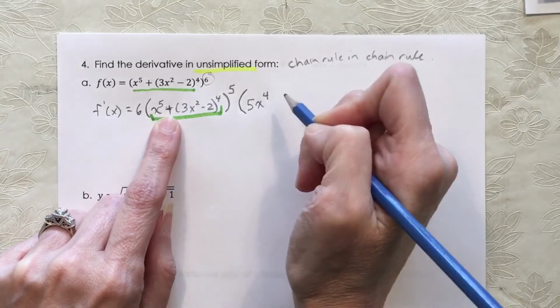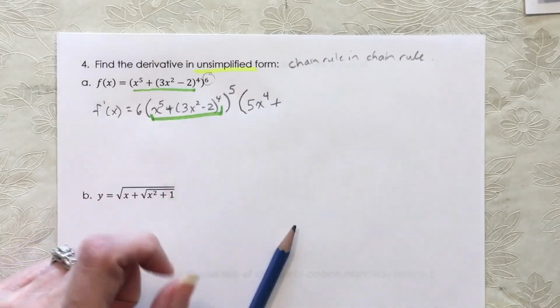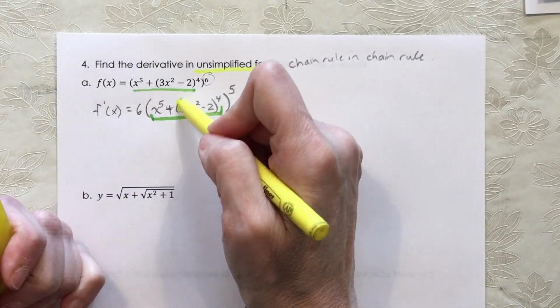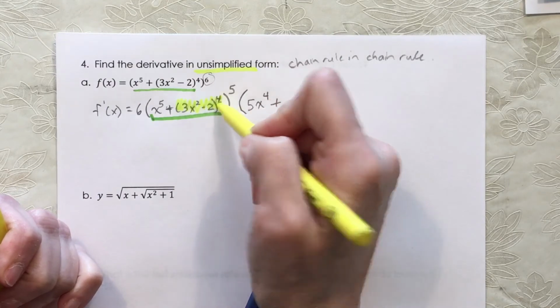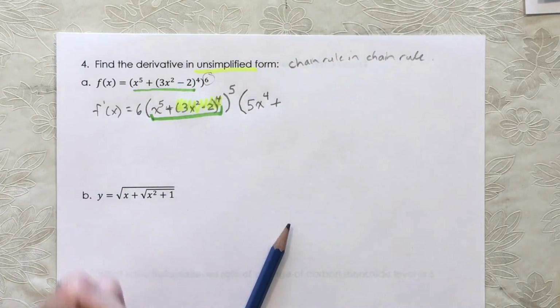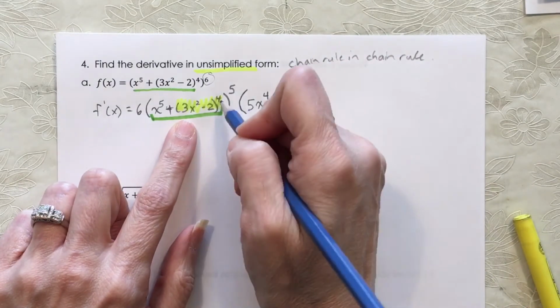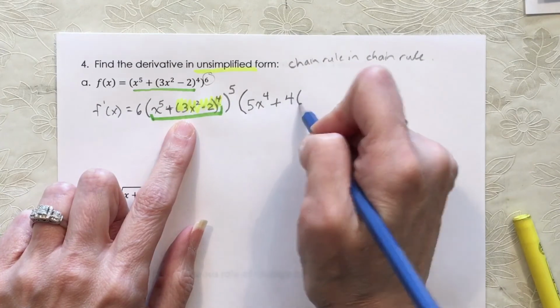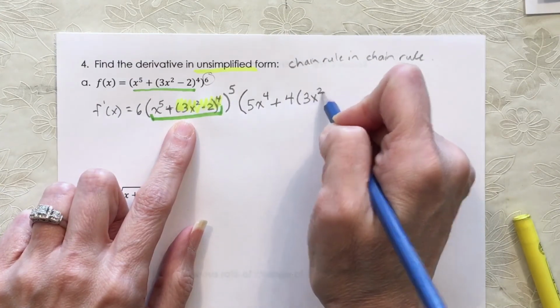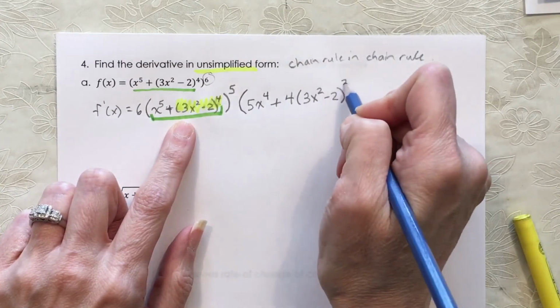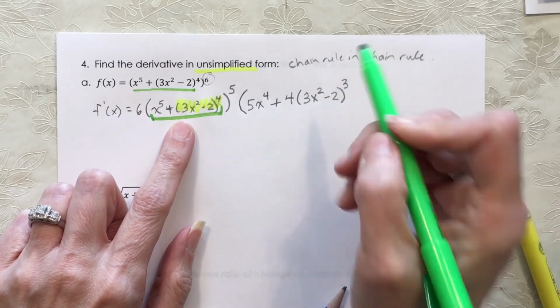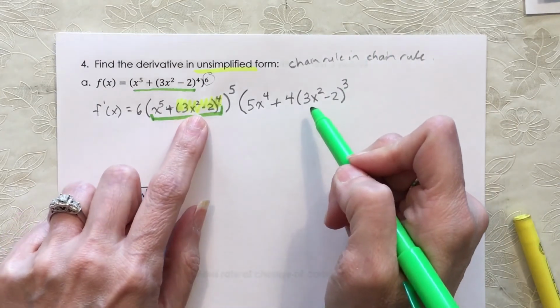That part's easy. But the derivative of this part here involves the chain rule, because it's a power function, 3x squared minus 2 all to the 4th. So to find the derivative of that part, the 4 comes down, the exponent, times 3x squared minus 2 cubed, and this is the part everyone forgets, because we're doing the chain rule here.